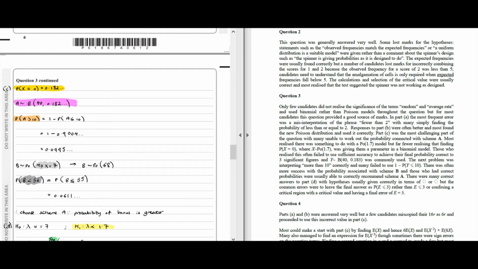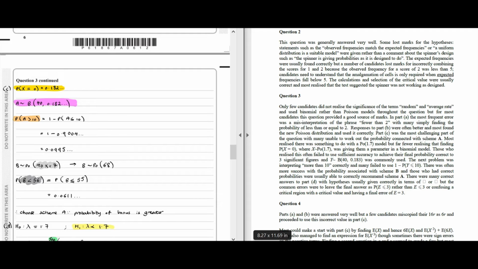Most realised there was something to do with a Poisson with 1.7 model, but far fewer realised that finding the probability that x equals 0, where x has a Poisson distribution of 1.7, was giving them a parameter of the binomial model, and I'll discuss that over here, and that's highlighted.